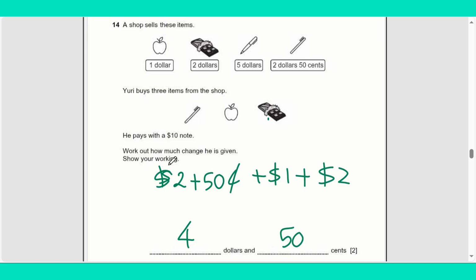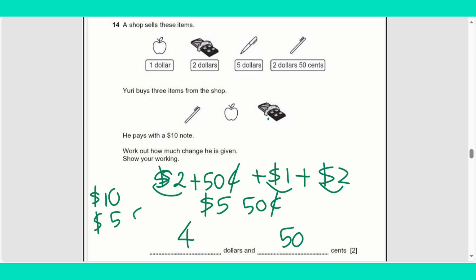So we add all the whole numbers here. The dollars, 2 plus 1 plus 2, is altogether $5, and with the 50 cents it's $5.50. So $10 minus $5.50.